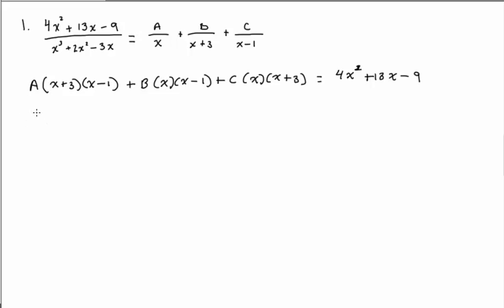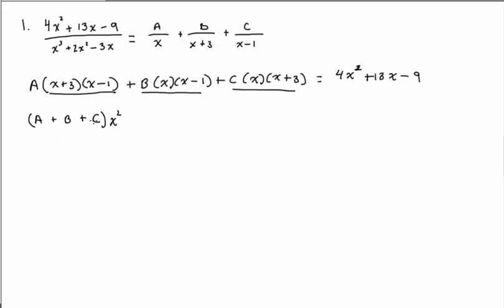Okay, so in looking at this, I want to figure out what are the terms that precede any x squared. So we would have a plus b plus c. They would precede x squared. See, if we FOILed or expanded this, the leading term would be ax squared. Same thing here, the leading term would be bx squared, and here the leading term would be cx squared.